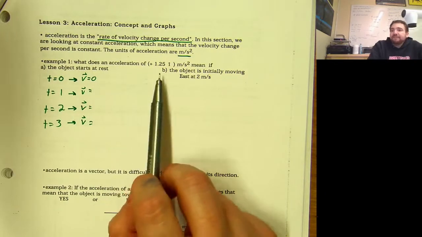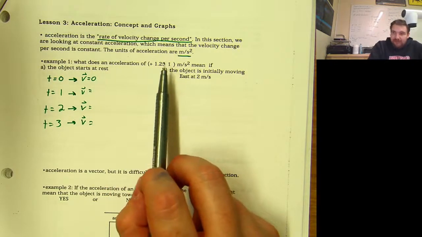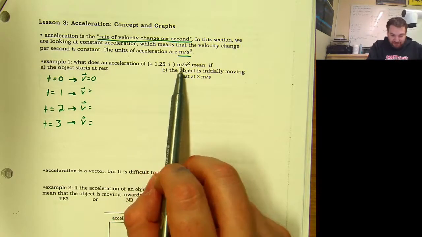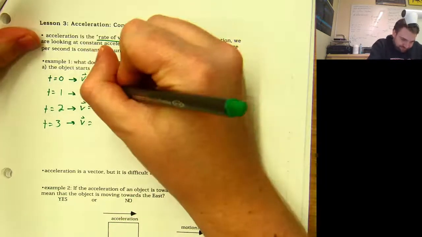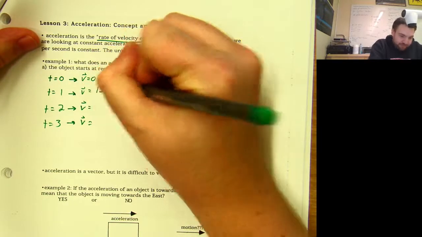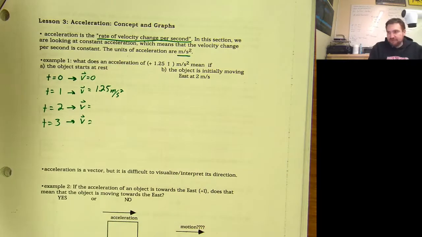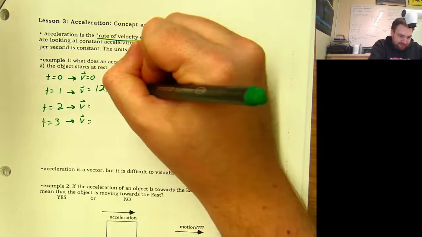One second later, if I'm giving this object a positive acceleration of 1.25 meters per second squared i hat, after 1 second, our object's going to be moving at 1.25 meters per second in the i hat direction.